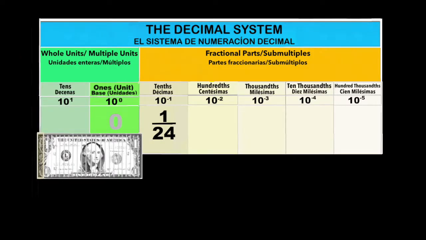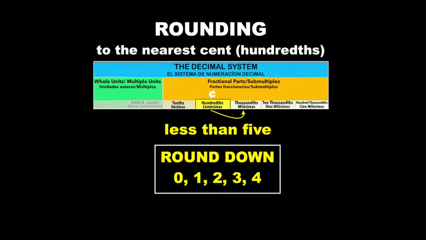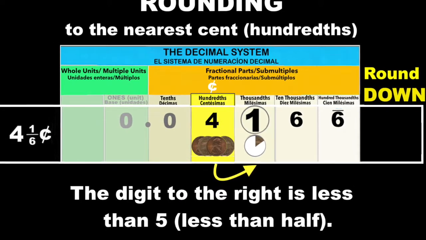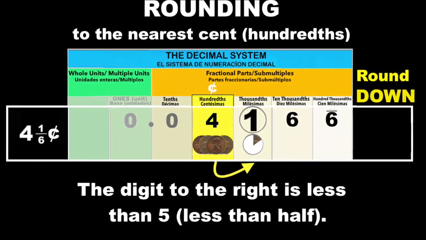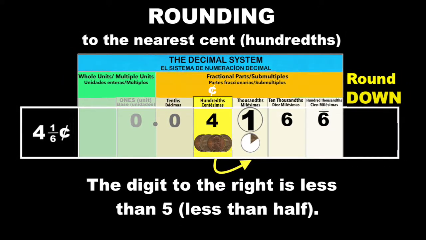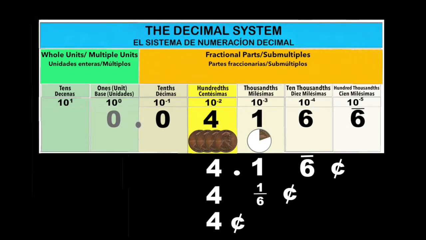One-24th of a dollar, 4 1/6 hundredths. Round down. The digit to the right of the hundredths place is less than 5 or less than half. You round down to 4 cents.